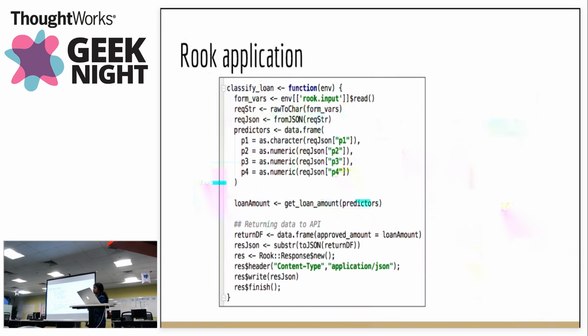In the case of the project I was mentioning, it includes all the information about the applicant, like their financial status, which is used to calculate the loan. So from the environment, all those parameters are taken out and used to calculate the loan amount, and the result is returned by creating a response object. All that is done using Rook package objects.